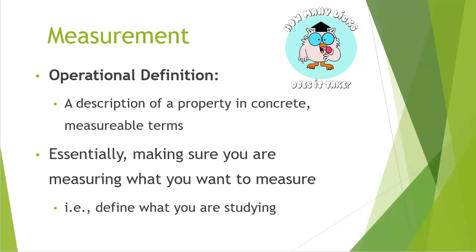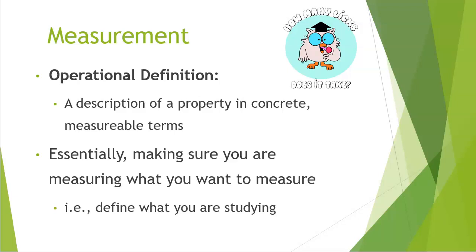So it could be, say, the number of milligrams of saliva absorbed by the cotton ball placed in a particular area of the mouth while looking at a picture for 10 seconds. Okay, so it's a very detailed description of exactly how you're going to measure something.